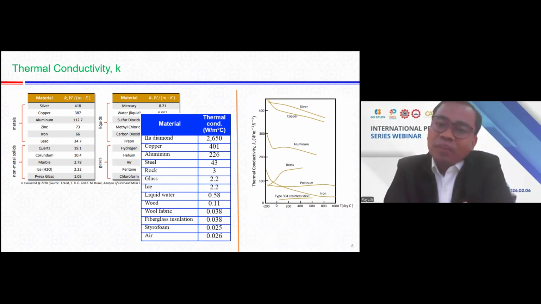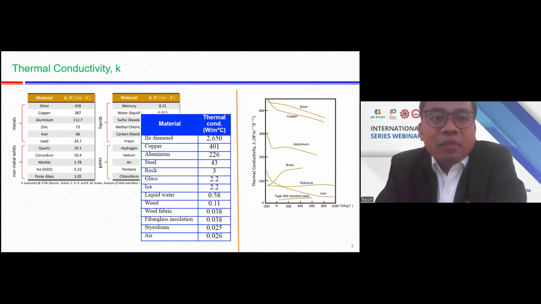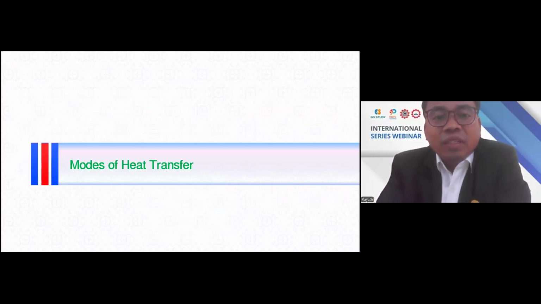And here is a graph of thermal conductivity. The unit is watts per meter Kelvin or Celsius, depending on the case, for the stainless steel, brass, aluminum, and copper. You can see the slide.